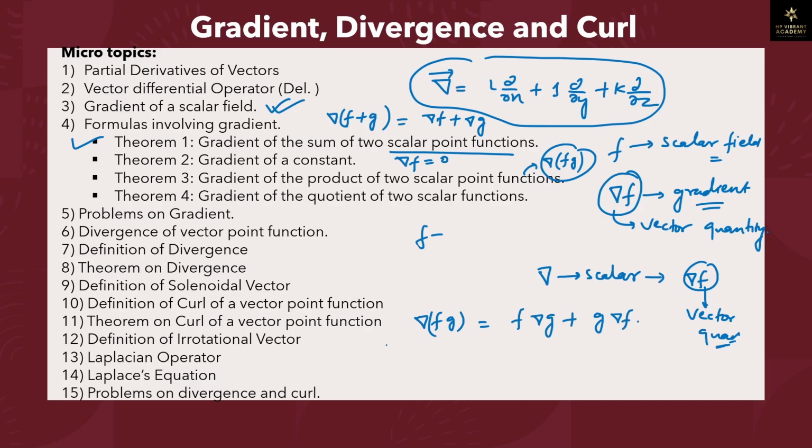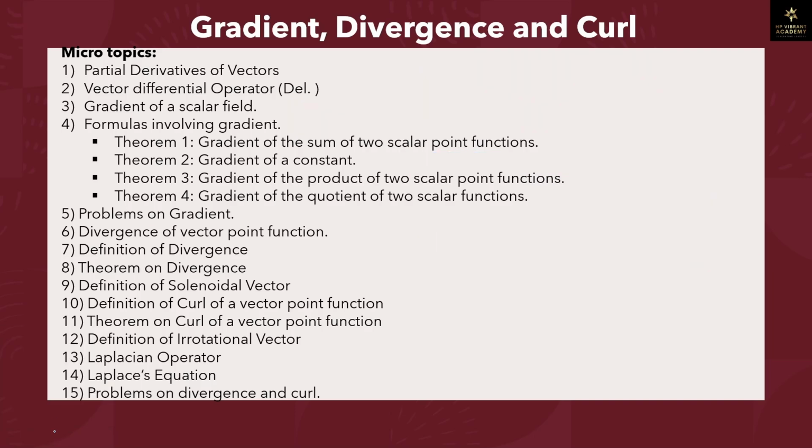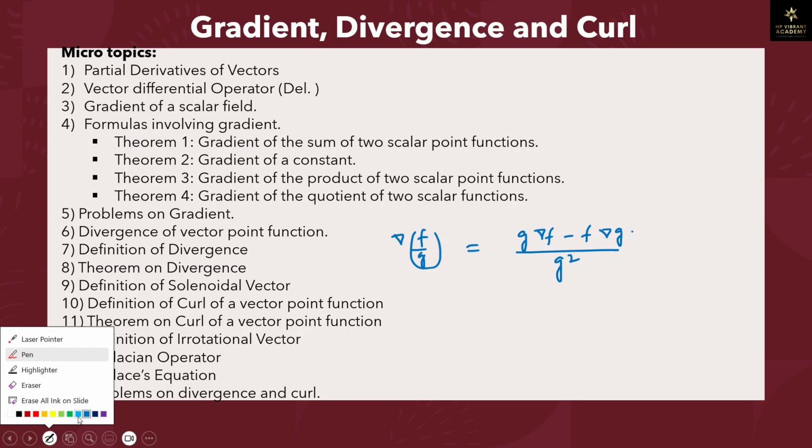And we have the gradient of quotient of two scalar point functions. How can we find this? Del of f upon g is equal to g del of f minus f del of g, upon g square. This is the gradient of the quotient of two scalar point functions.